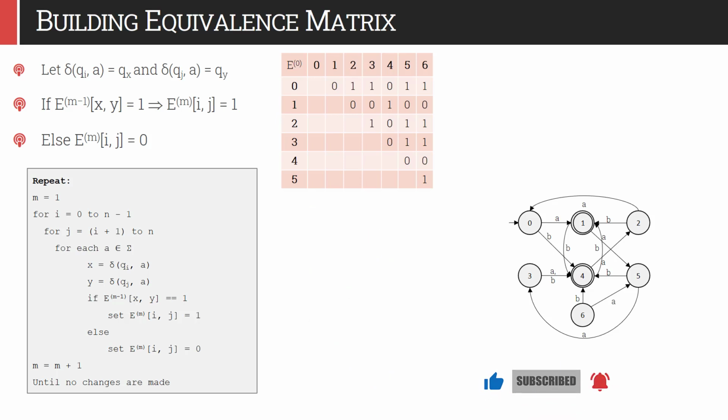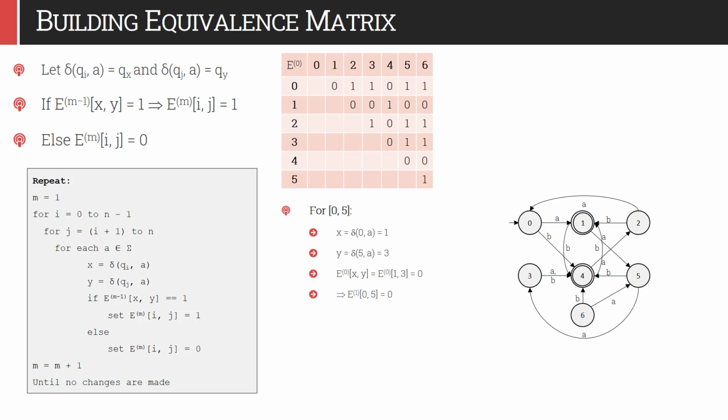Next pair is 0 comma 5. If we evaluate that, x is 1, y is 3, and that 1 comma 3 position in E of 0 is 0, and that's why the 0 comma 5th cell in E of 1 we set as 0. Next pair is 0 comma 6.